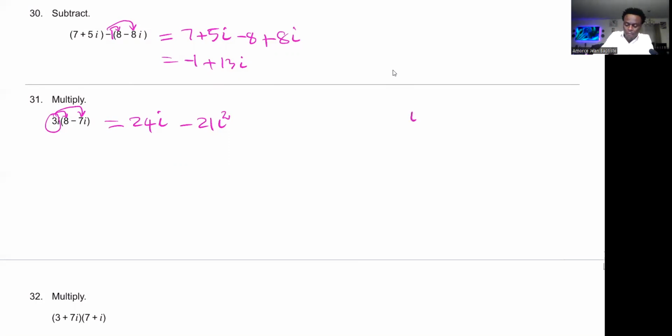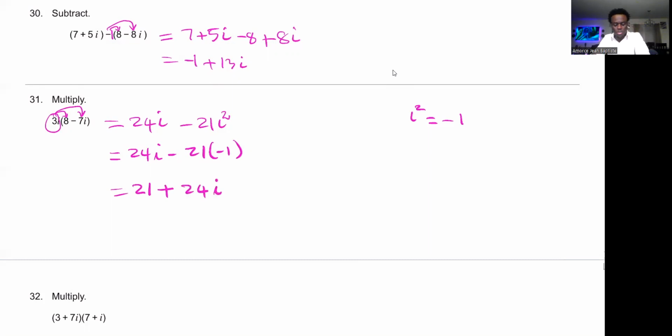We will never forget that i squared is negative 1. So that gives me 24i minus 21 times negative 1. Negative 21 times negative 1 is positive 21. So 21 plus 24i is my answer.